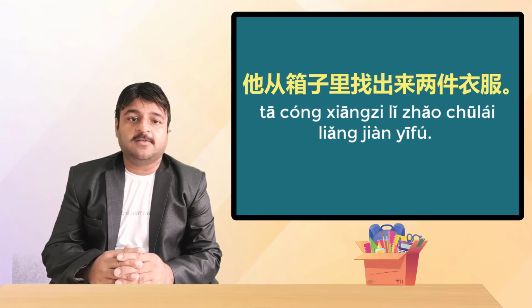He, from inside the suitcase, found and brought two clothes. Lai is to bring. So the movement is towards the speaker, and zhao chu, zhao is to look for or find. He, from inside the box, inside the suitcase, found and brought back two clothes.